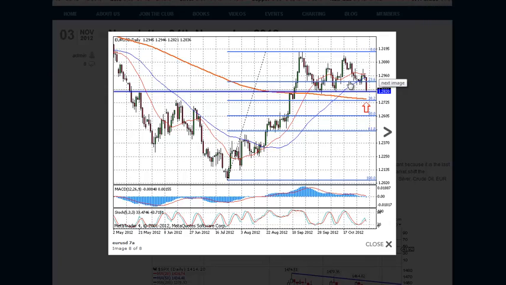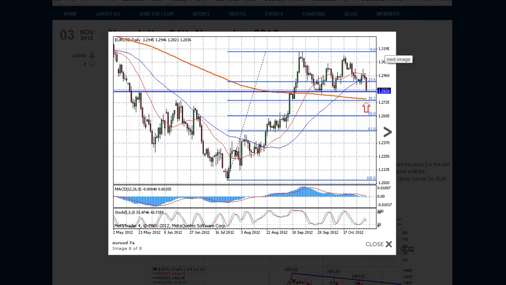Moving averages are curling up as well, and a significant drop lower below 1.28 would potentially target this 200-day period moving average at the 1.2740 level, 1.2750 level, and that would also be the 38.2 fib retracement.